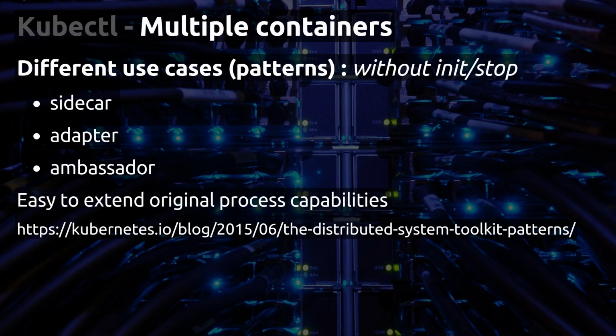We use it to cover other patterns like ambassador. The second one is the adapter. We'll see what it is just after. And the third one is the ambassador. You can find a blog post if you want more details. This blog post was published in 2015 about these use cases on the Kubernetes blog.